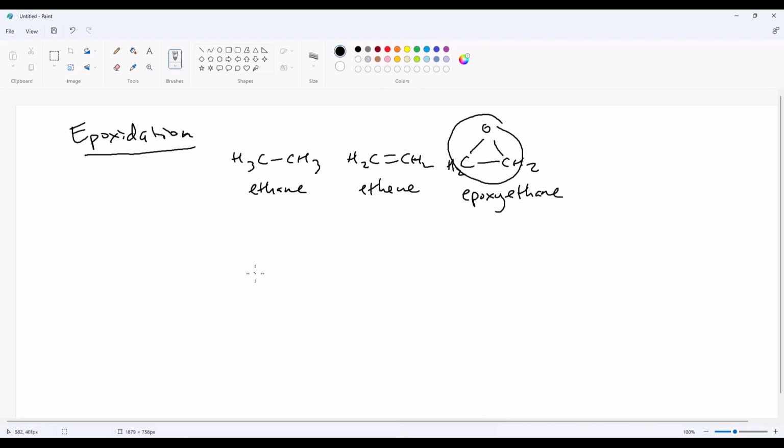So epoxides are formed by reactions with peroxy acids. So we already saw this functional group, COOH, or CO2H. This is what we saw before, called our carboxylic acid. If we add another O right here, instead of RCOOH, we have RCOOOH.